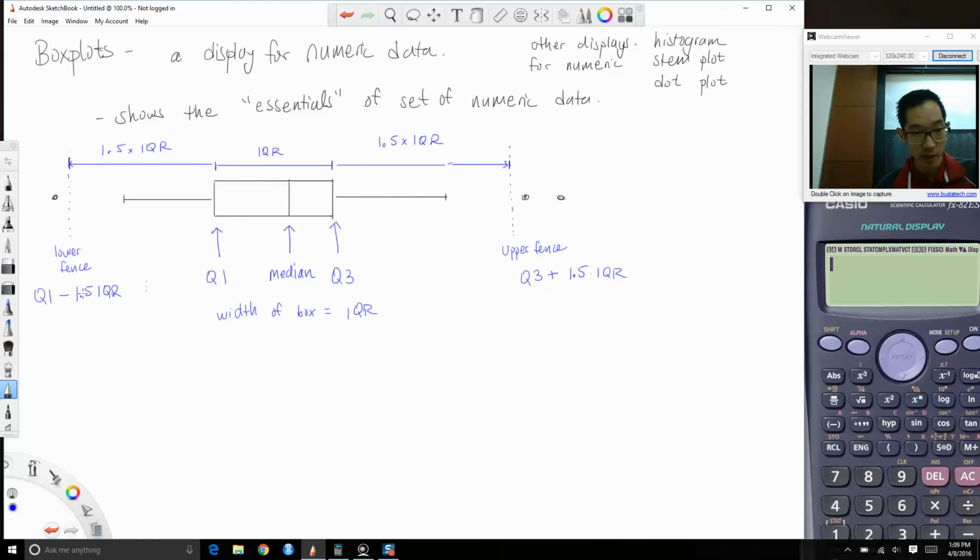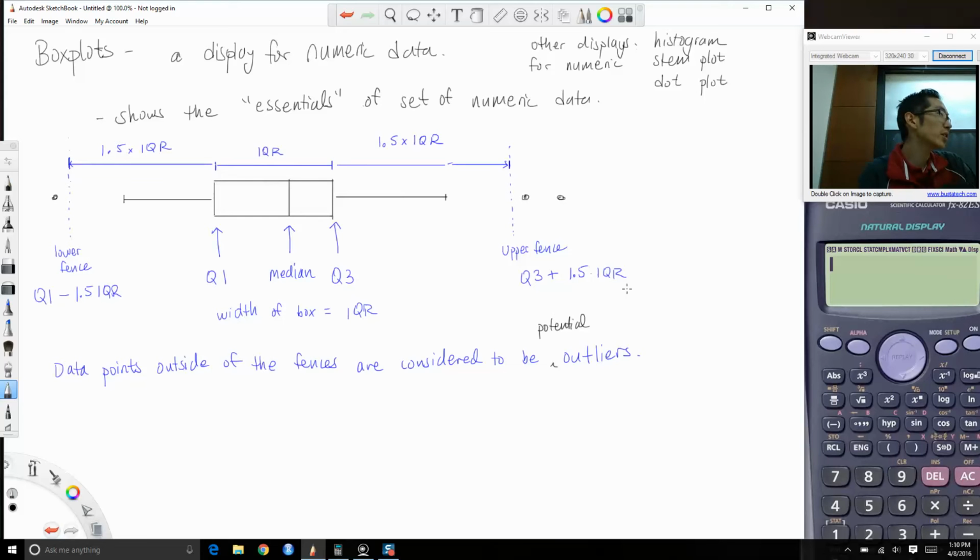Okay? So data points outside of the fences are considered to be outliers, or I guess I should say potential outliers.